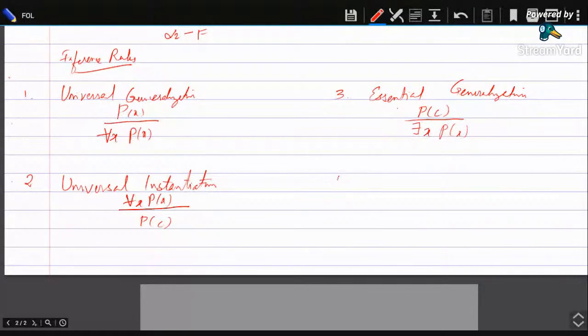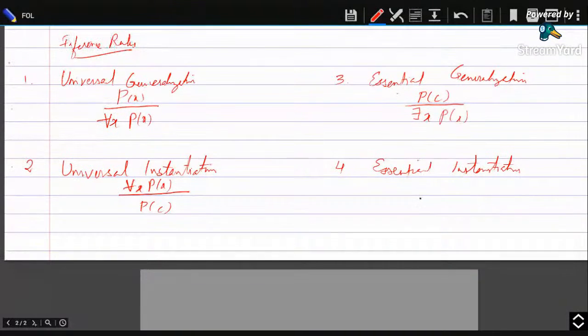Same way, the opposite of this is existential instantiation, wherein it says if there exists some x such that P(x) is true, then for some particular d, it is also true.